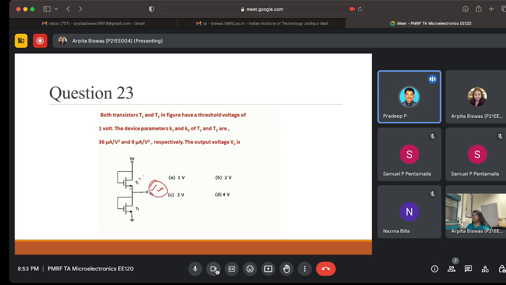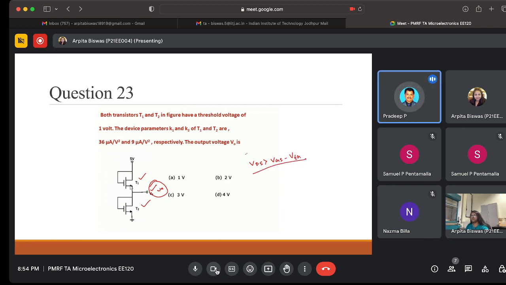So T1 is in which mode, which region? Which equation is it satisfying? Is it satisfying this VDS greater than VGS minus VTH?